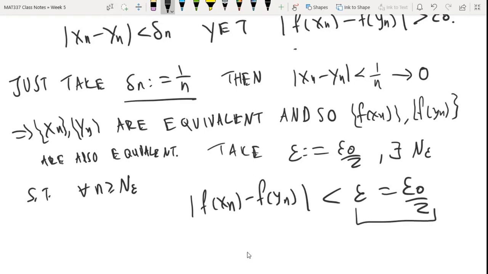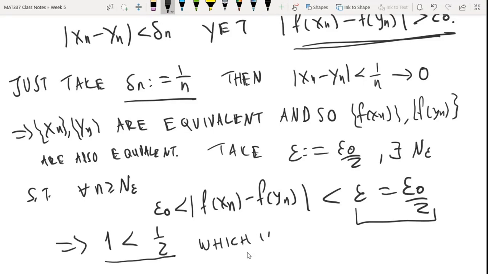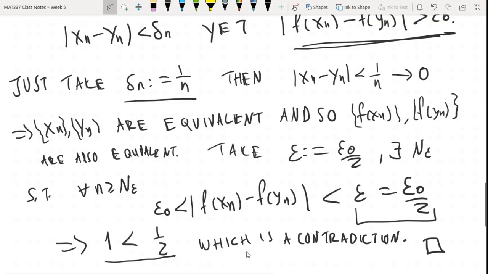But from here, we have epsilon naught as lower bound, so we get the usual contradiction, 1 less than a half. Is that okay?